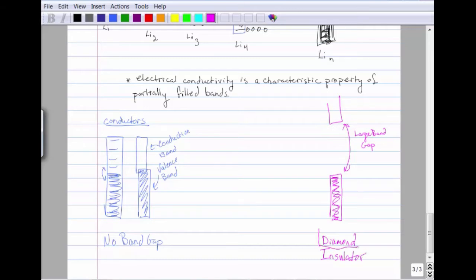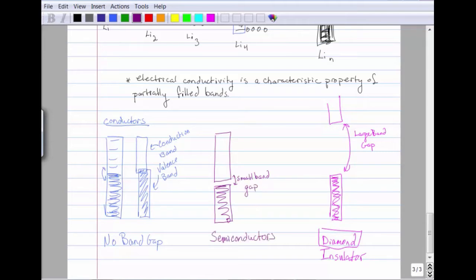And then we have something in between. And this is where things get really interesting for materials and electronics. So in the middle, you might have a band gap, but it's small. And these things are called semiconductors.